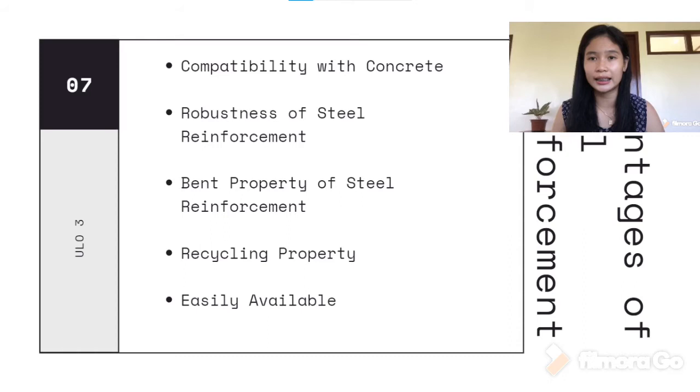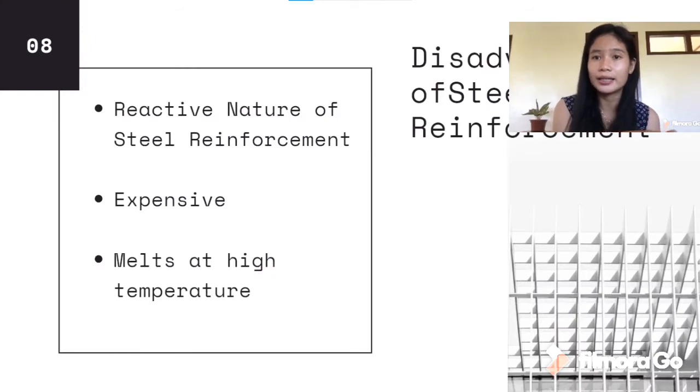And lastly, we have easy availability. Steel reinforcement is easily available in the Philippines and in other countries because it is really useful nowadays. As a contrast to the advantages, we also have the disadvantages of steel reinforcement.